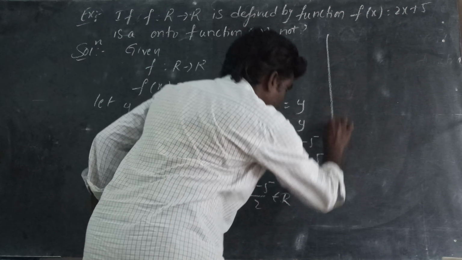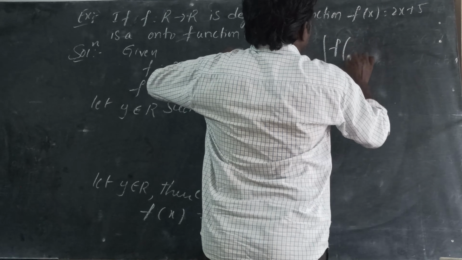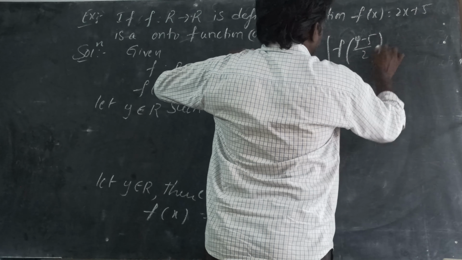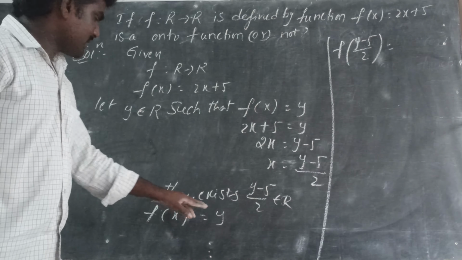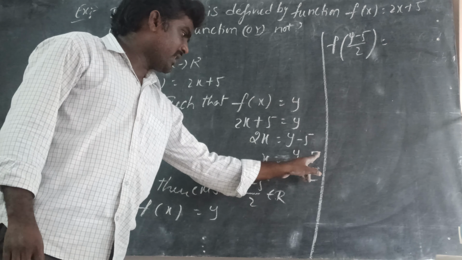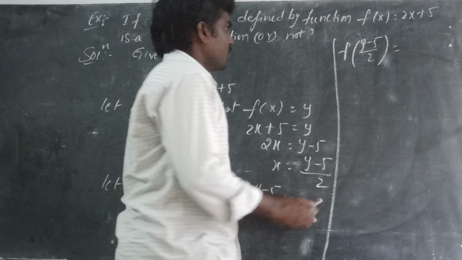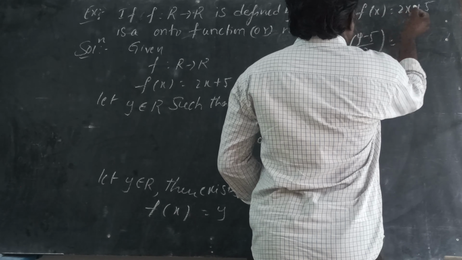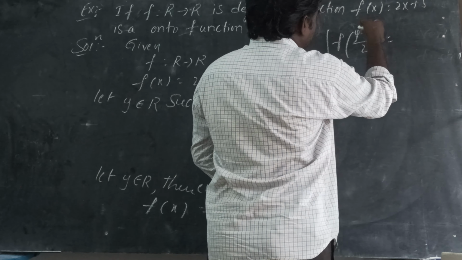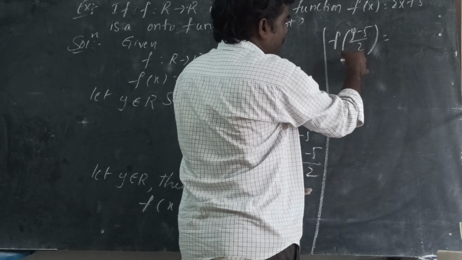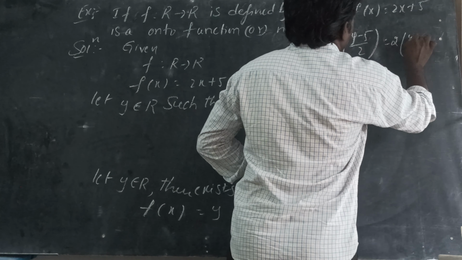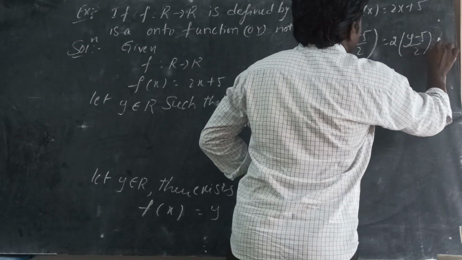So f of y minus 5 by 2: in the place of x we can put y minus 5 by 2. f of x is equal to 2x plus 5, so 2 into y minus 5 by 2, plus 5.